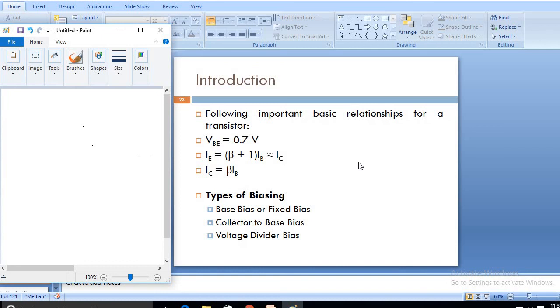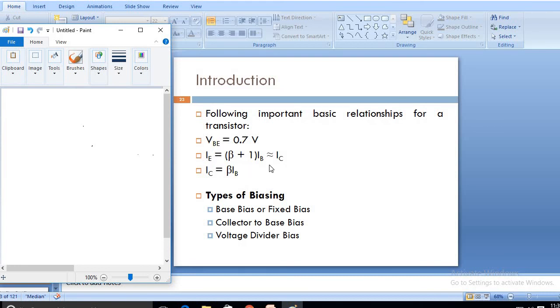These are the following important basic relationships you have to remember while solving the examples. These are all very necessary points. VBE, the base to emitter voltage, is 0.7 volts. We have to remember these 3 points. IE is equal to beta plus 1 into IB, which is approximately IC.